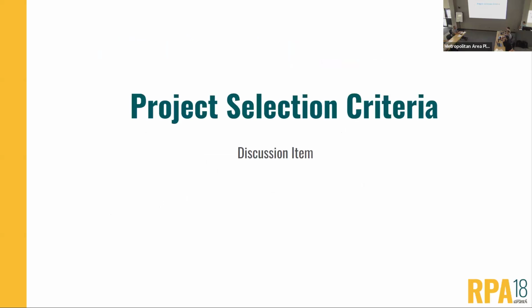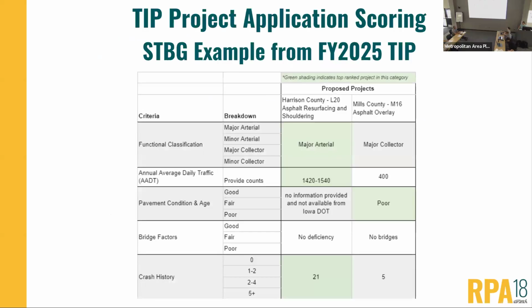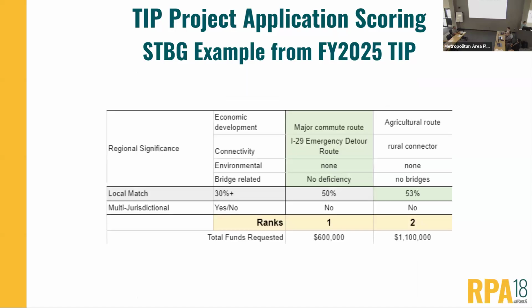So we kind of reviewed our project selection criteria a little bit. And this is a summary of what was used last time to rank projects. So functional classification, average annual daily traffic, pavement condition and age, bridge factors, crash history, regional significance, local match, and whether or not it affected more than one jurisdiction.